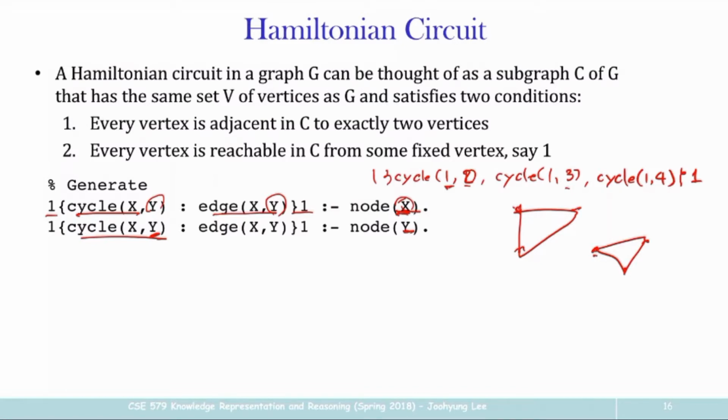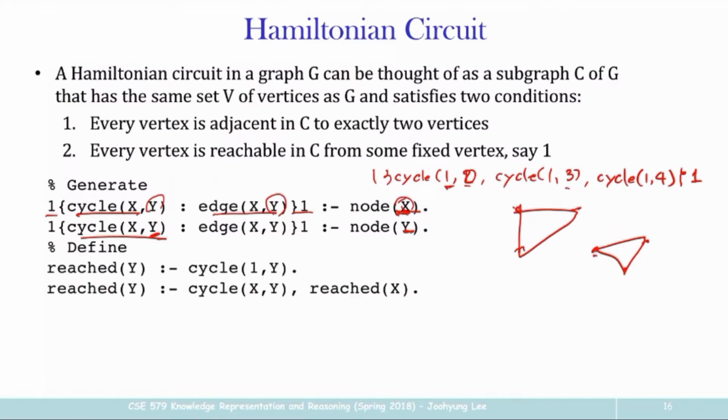So now you have to define something called reachability, which you already did when you were doing the family relationship. You remember the ancestor relation? That's about reachability. So we are going to define these things. Maybe let's go with this. Reached y means that y is reached from the vertex 1, right?